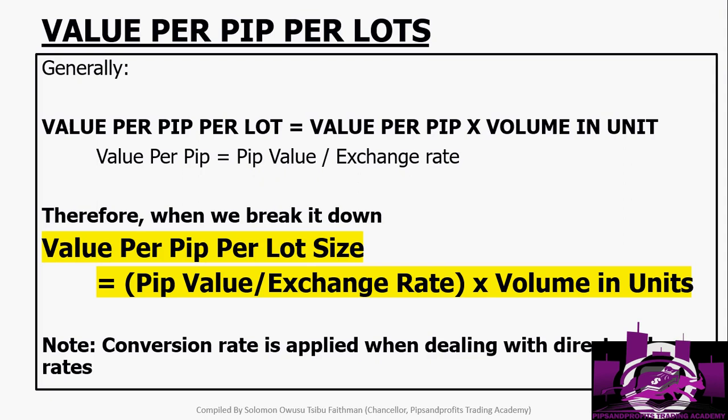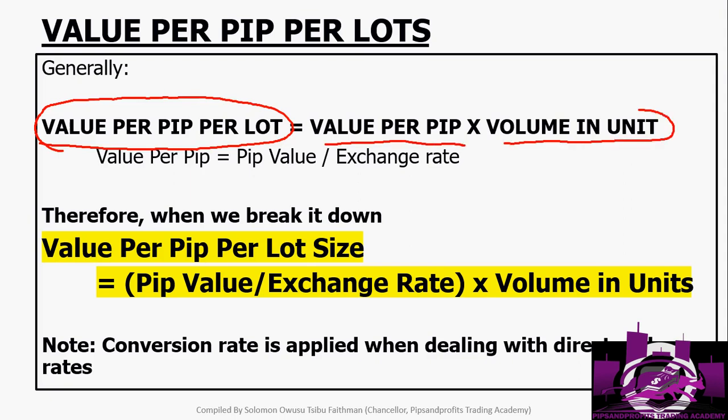So value per pip per lot is equal to your value per pip times volume in units. We did that. We did volume in lot size.